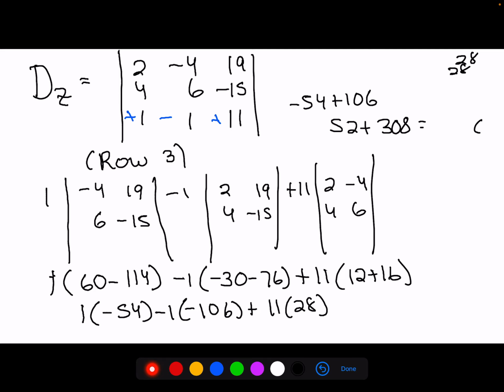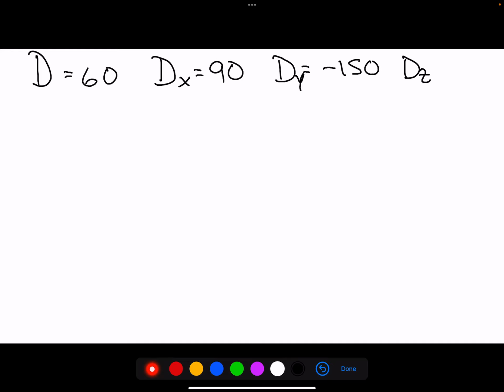So you add those up, and you get 360. All right, quick recap. So our capital D was 60. Our d sub x was 90. Our d sub y was negative 150. And our d sub z is 360.